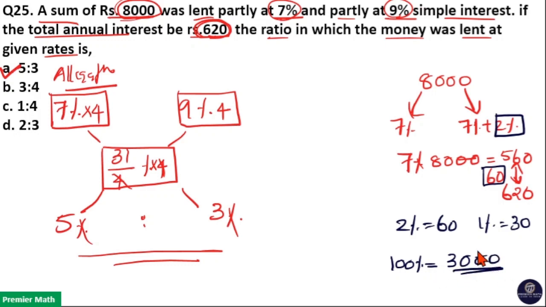That means this 3,000 is the 9% part. So one part lent is 3,000 rupees. Then 8,000 minus 3,000 is the other part, which is equal to 5,000 rupees. If you take the ratio between 5,000 and 3,000, it is equal to 5:3. So in this way, you can also find the answer.